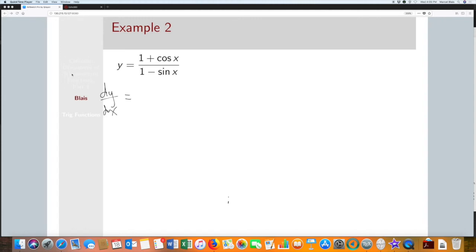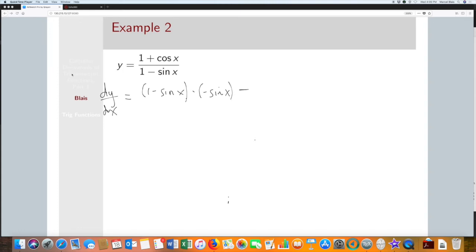We have the denominator times the derivative of the numerator. Derivative of 1 is 0. Derivative of cosine, remember, is negative sine of x.